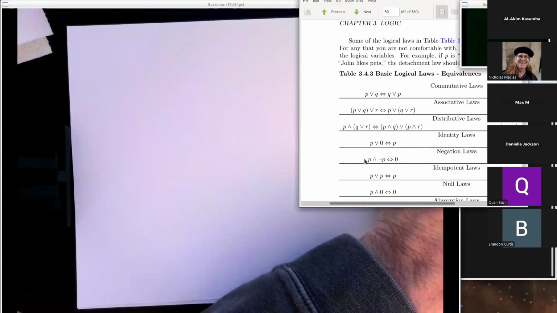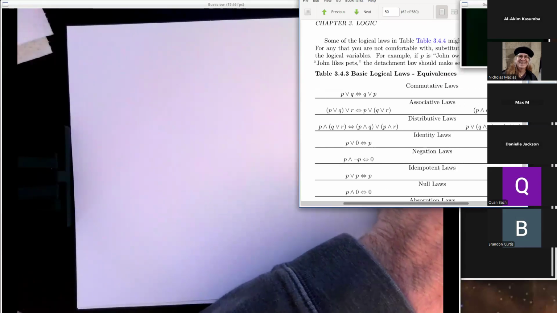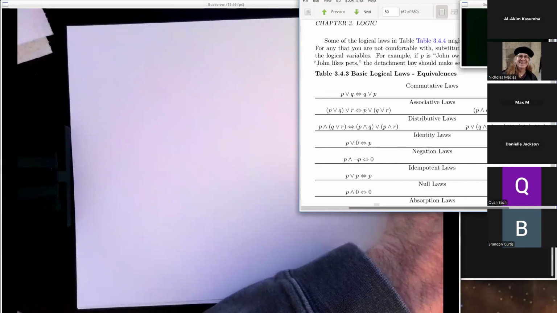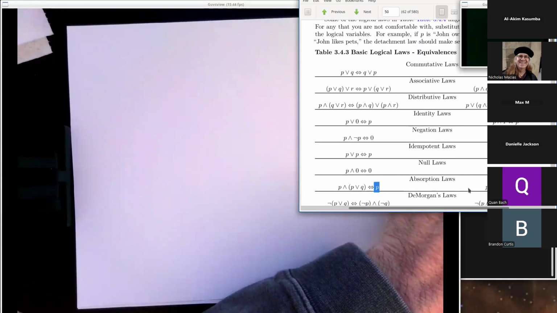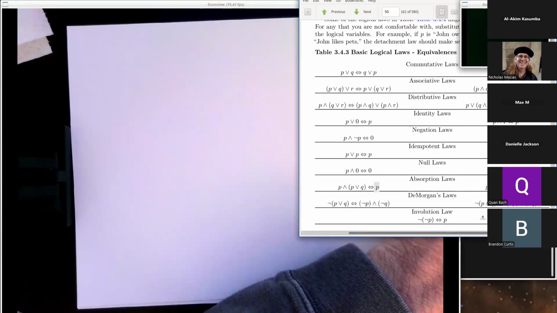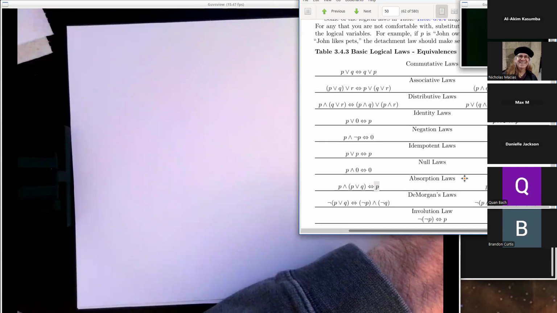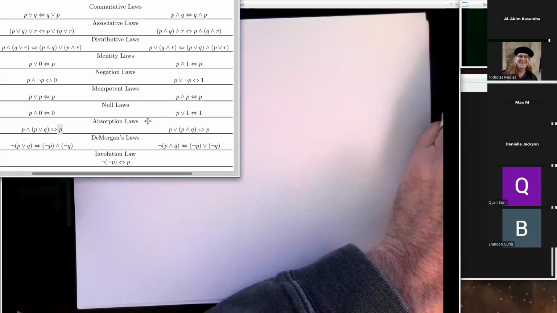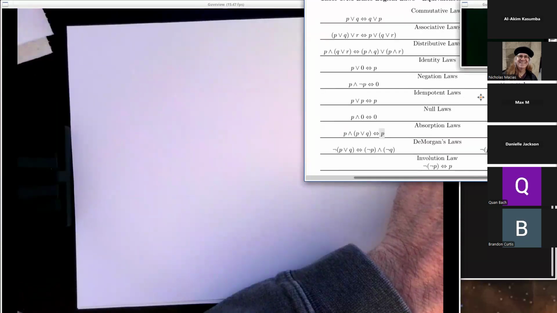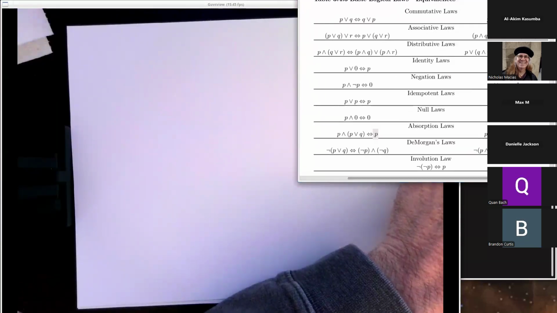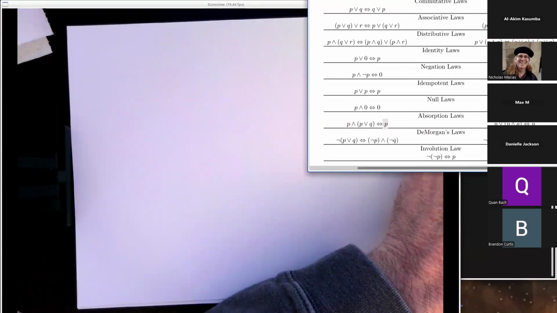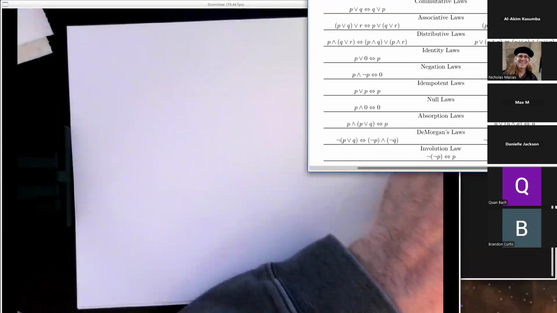Truth tables work well for computers, right? Because they're very mechanical, and they can chew on these things. But there's other ways to do this.